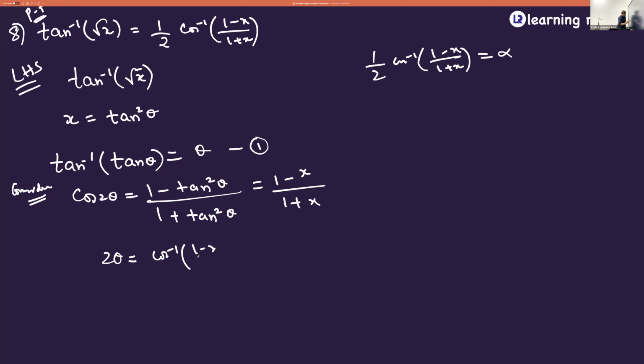Cos inverse of 1 minus x by 1 plus x. Theta, the 2 goes to the other side. So tan inverse of tan theta is theta. So 1 and 2 are the same. So LHS is equal to RHS. Got it? Clear with this?